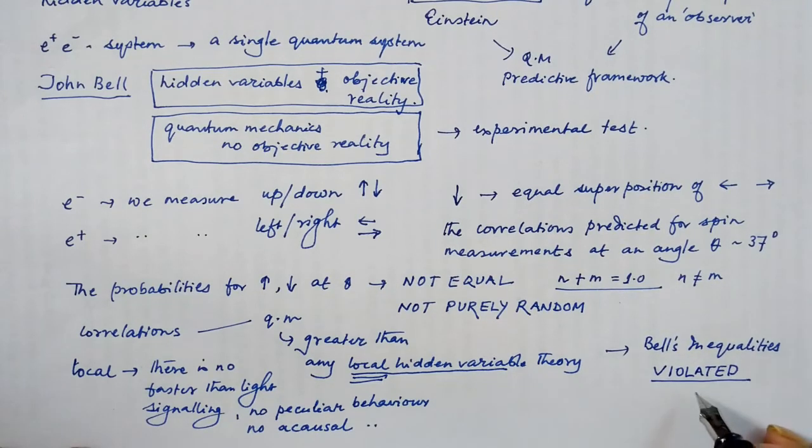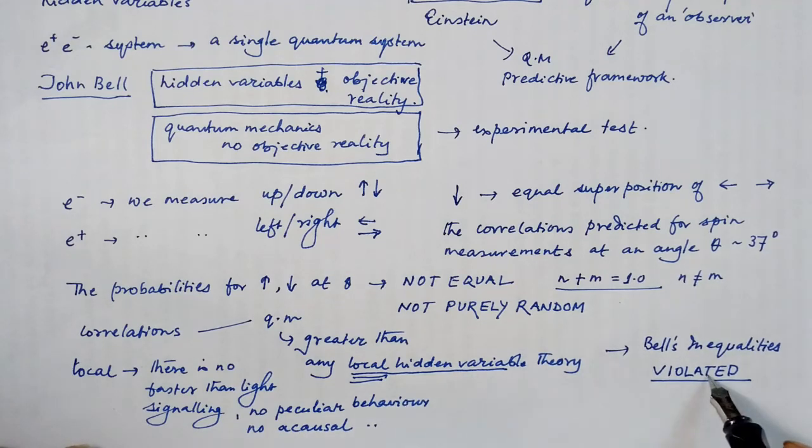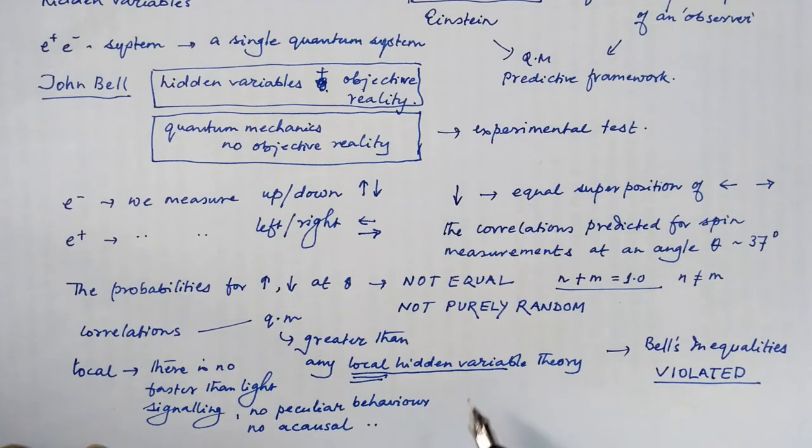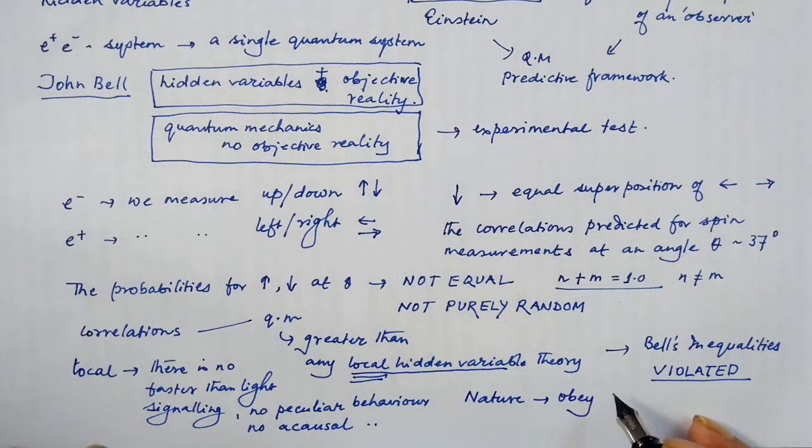Had they not been violated, the strength of the hidden variable theory would have increased, but they have been violated. And that essentially means that nature obeys quantum mechanics.